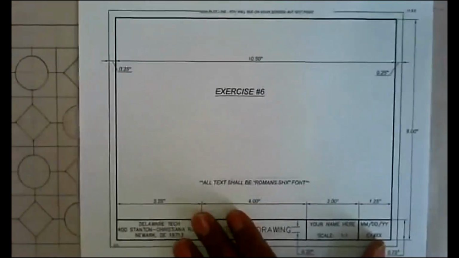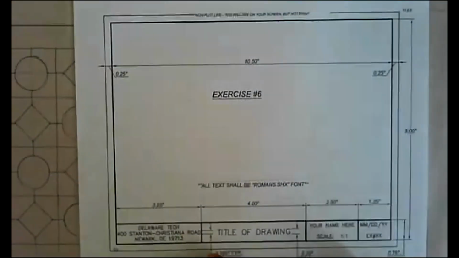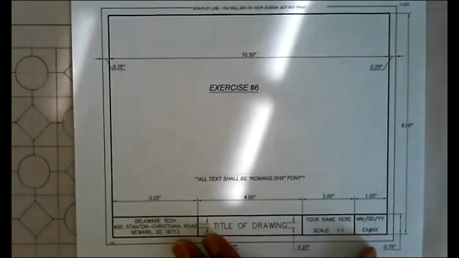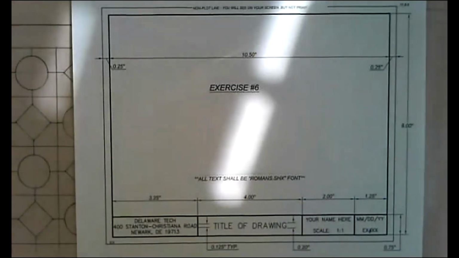I need you to make reference to a handout, or however you're going to reference it, for the layout of the title block. I need you to make reference to that.